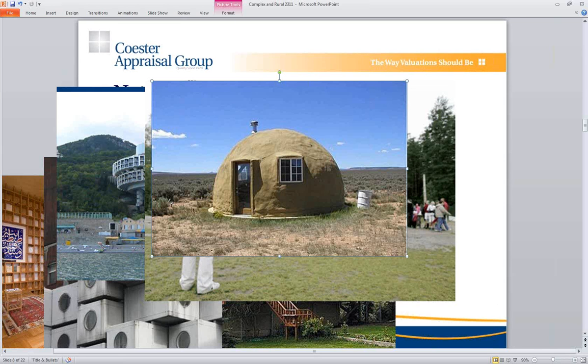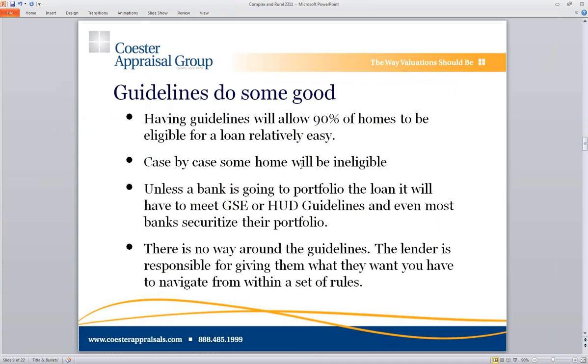But the reality of the situation is that it's not as easy as most underwriters and lenders think, and as an appraiser, you've got to really focus on trying to solve the best issue. We're going to kind of go into that a little bit. Okay, having guidelines will allow 90% of homes to be eligible for financing relatively easily.